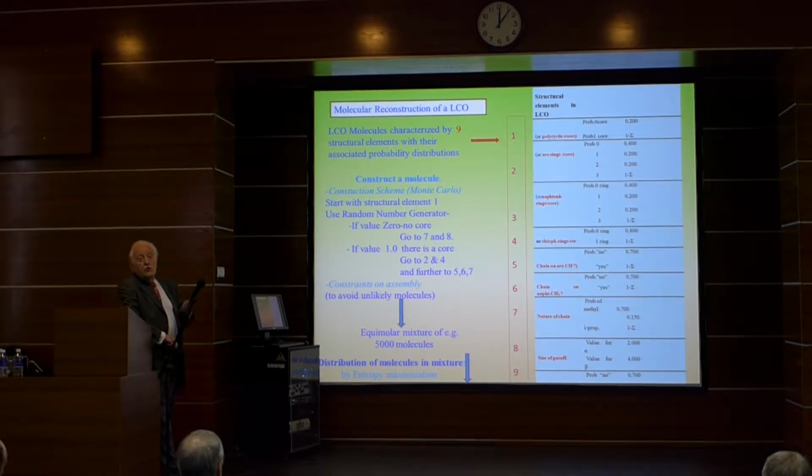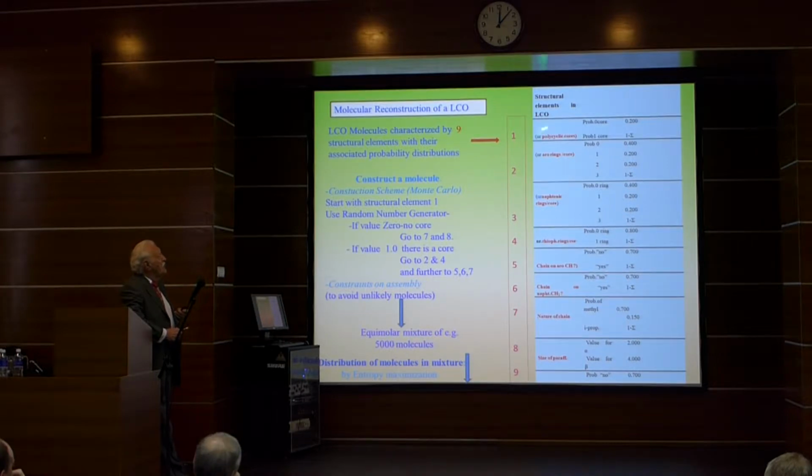Well, in the first place, if we have to do that, we will choose a Monte Carlo approach. That is, we will play dice. Okay? So in that Monte Carlo approach, we select one of the 9 elements that characterize a molecule at the class level. We throw a dice, we take a random number generator, and we generate a number.